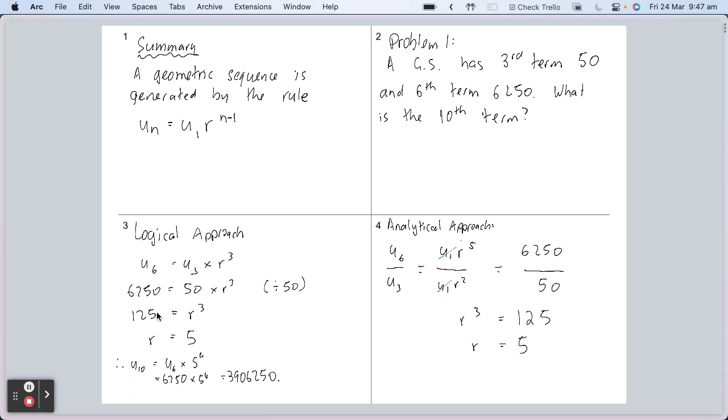Then you could use the same logic to work out what the 10th term is. Or, if it's still not clear, I wouldn't do this, right? So I'm doing it for the notes, but I kind of wouldn't do this. You could go 50 is equal to U sub 1 multiplied by 5 squared.